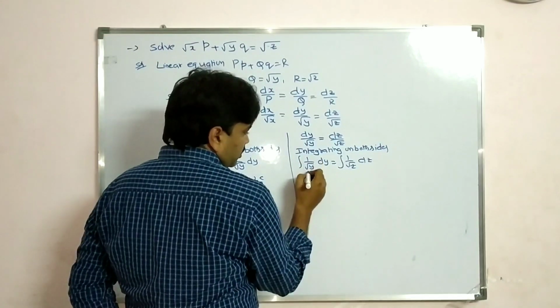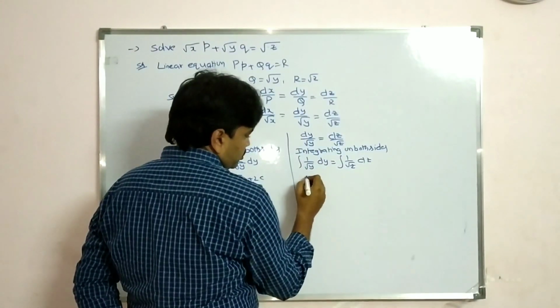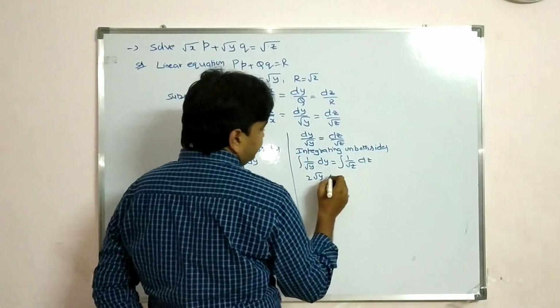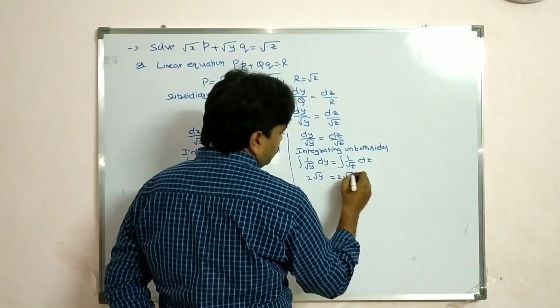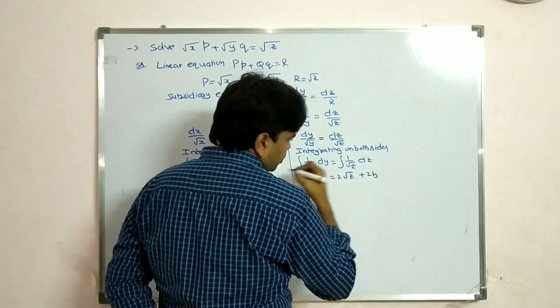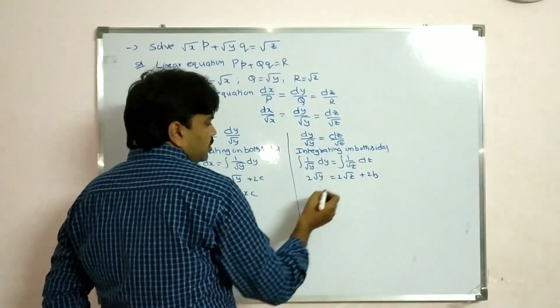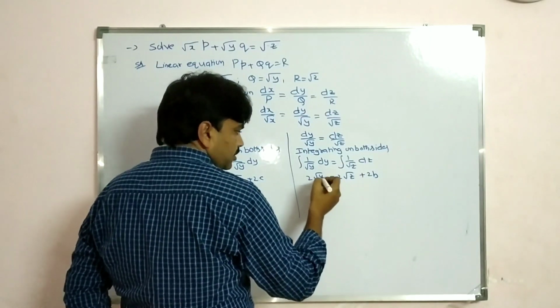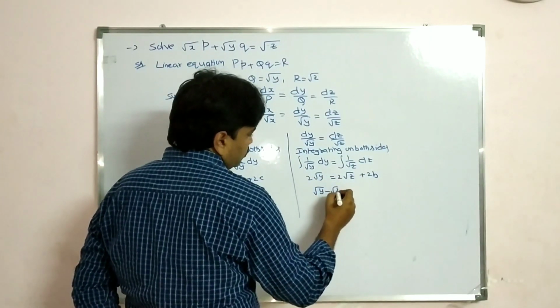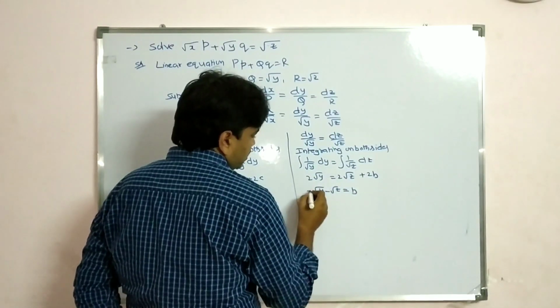Now integral of 1 by root y, students, we get again 2 root y, that is equal here to 2 root z plus, this time I am taking here 2b, students, 2b. You transpose, taking common 2 and cancel, students, finally we get here root y minus root z is equal to b. So it is b.